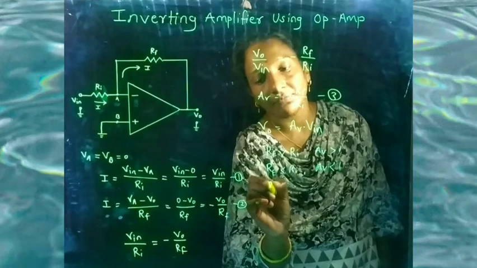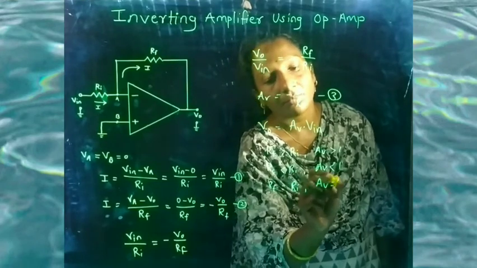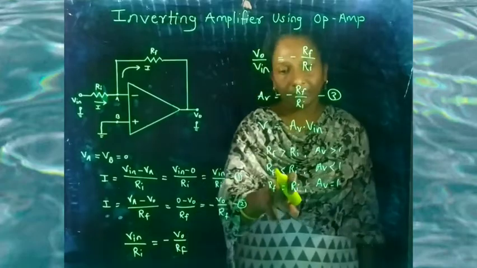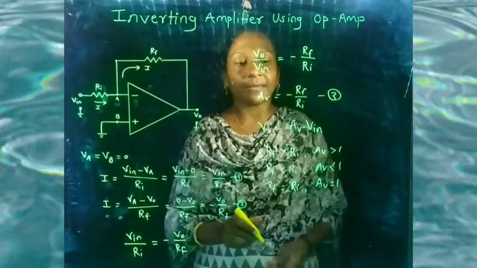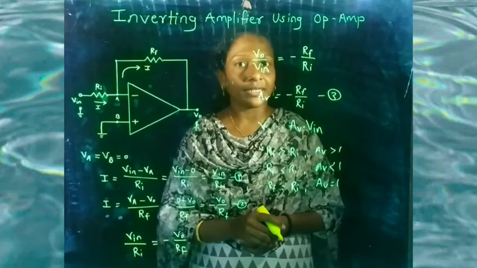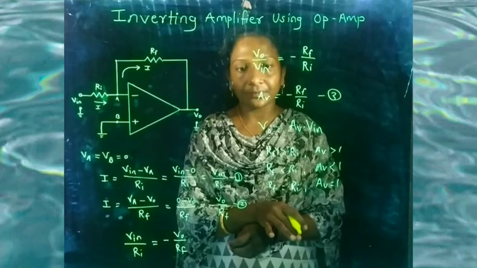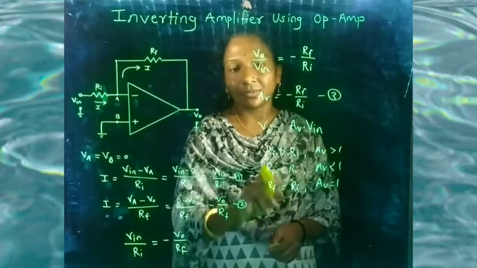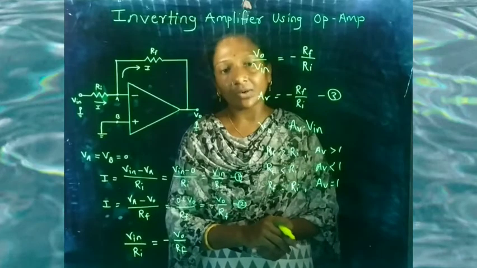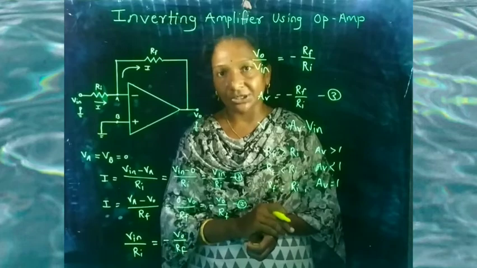And if RF is equal to Ri, then the gain is equal to 1. When RF is equal to Ri, the operational amplifier is called a unity gain amplifier, used only as a phase changer. Whereas for other values, if RF is greater or less than Ri, it is used as a scale changer.